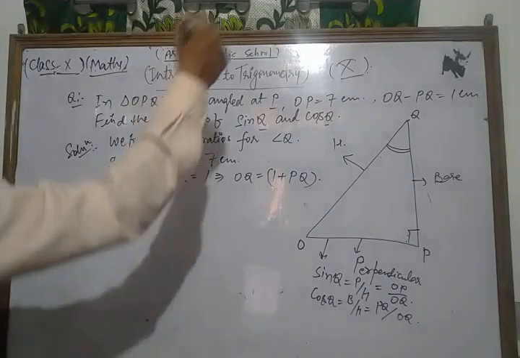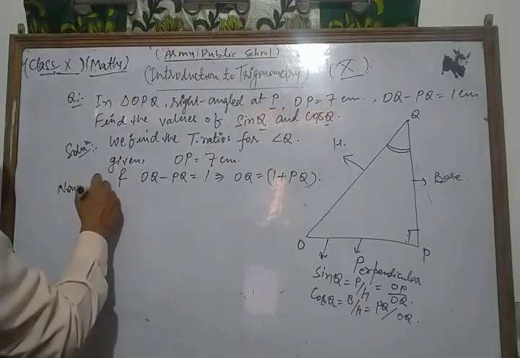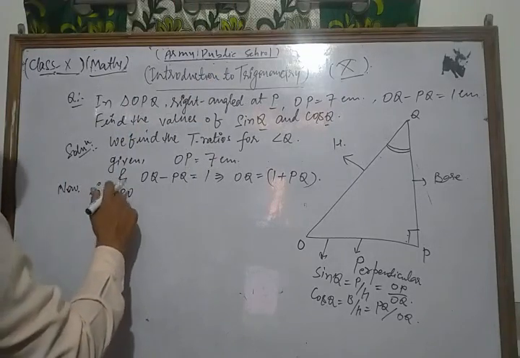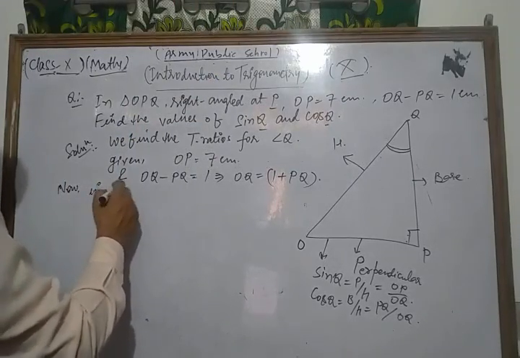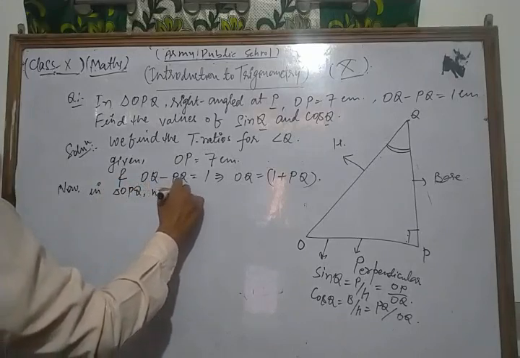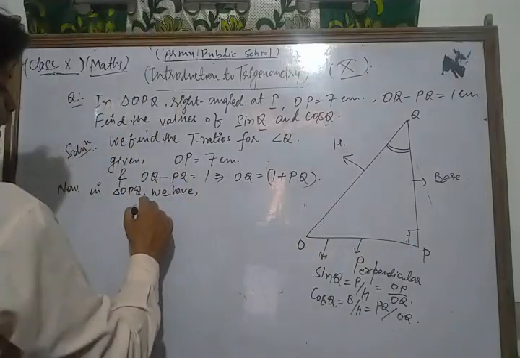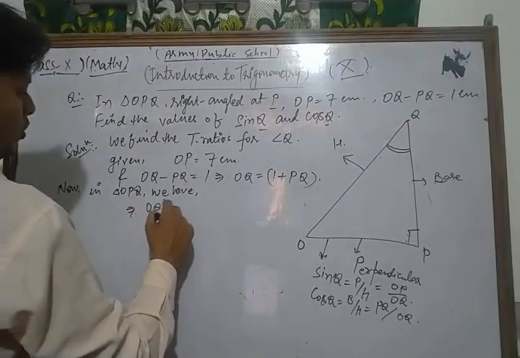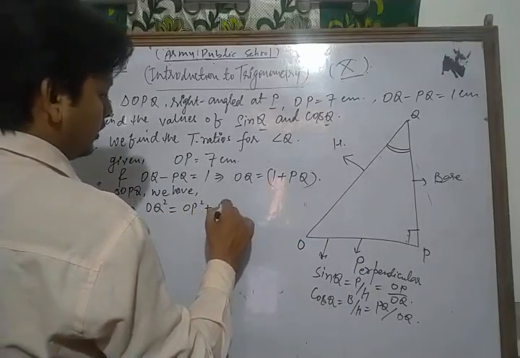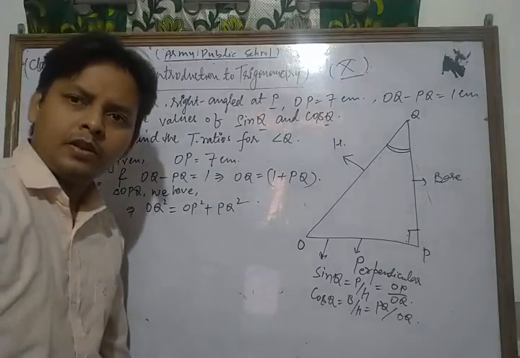Now we apply the Pythagoras theorem in triangle OPQ. The hypotenuse is OQ, so we write OQ square is equal to OP square plus PQ square.